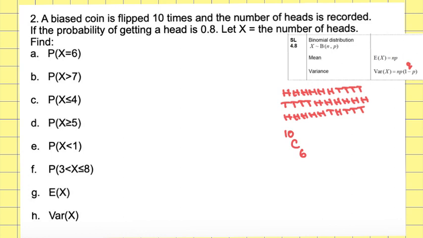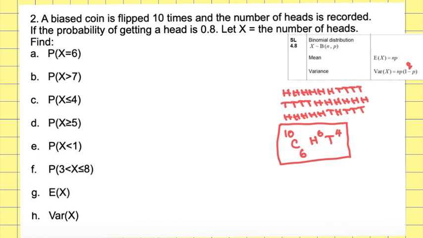And then I would have head to the power of 6, tail to the power of 4. So that is a way of calculating the probability of getting 6 heads and 4 tails.